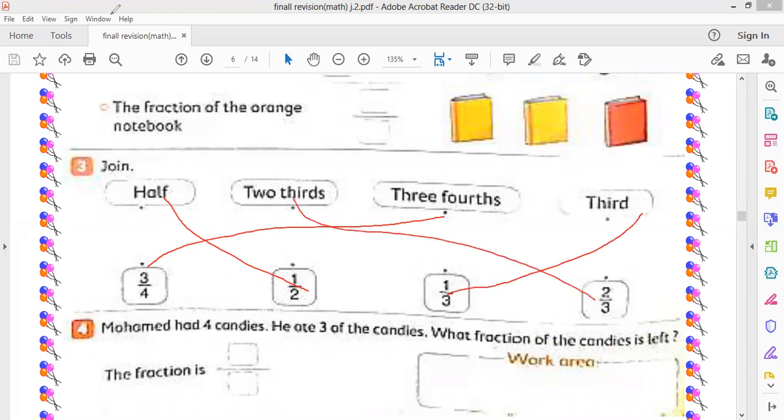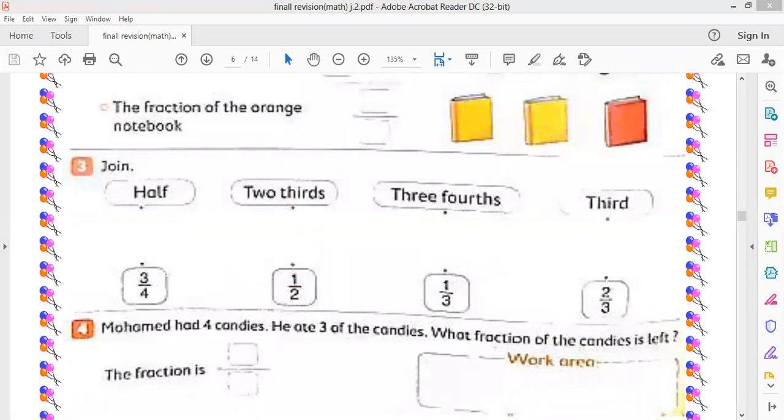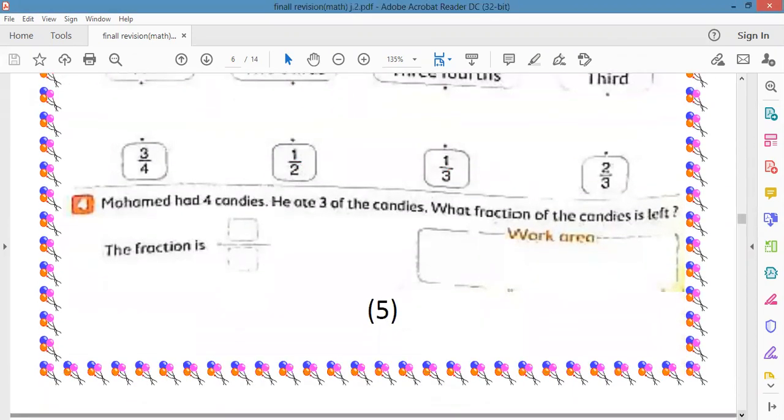Question number 4. Muhammad had 4 candies and he ate 3 of the candies. What fraction of the candy is left? Okay. He had 4 and ate 3.